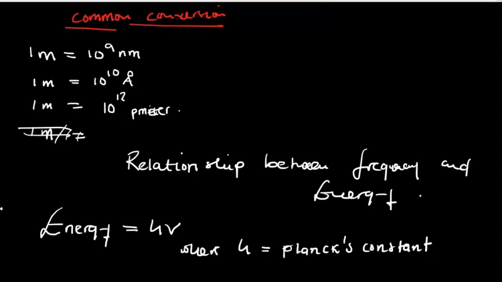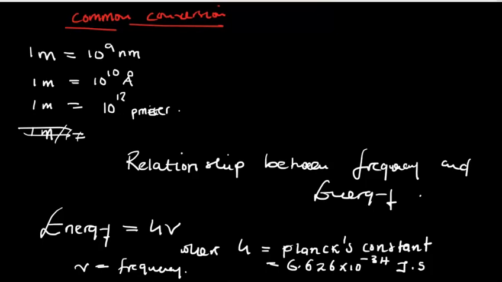H is also a constant, which is equal to 6.626 times 10 to the power negative 34 joule seconds. So these are the units for the Planck's constant. And then V is the frequency. So energy is equal to HV, which means Planck's constant times the frequency of that light.